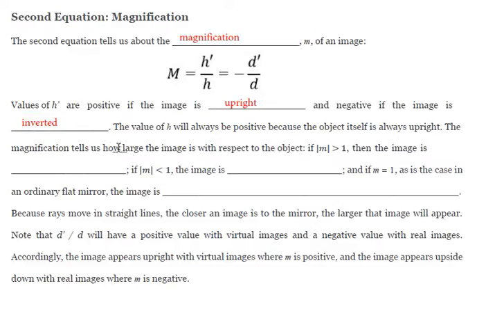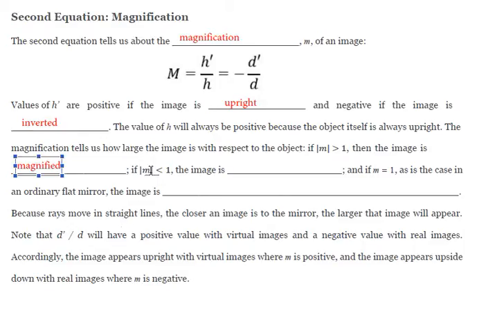The magnification tells us how large the image will be with respect to the object. So if we have an absolute value of m that's bigger than 1, then that means the image that's forming is actually bigger than 100% of what it should be. It's magnified.